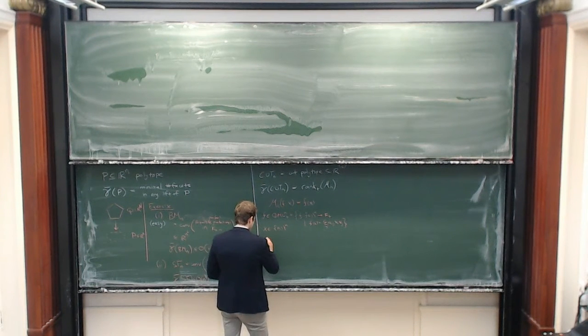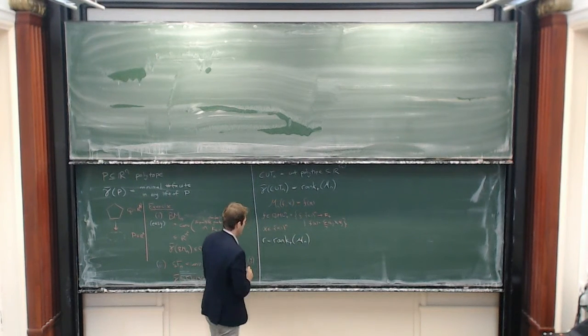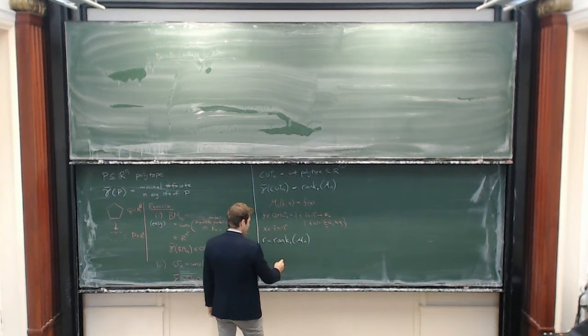So let's set R to be the non-negative rank, and then let's write the representation we had last time.